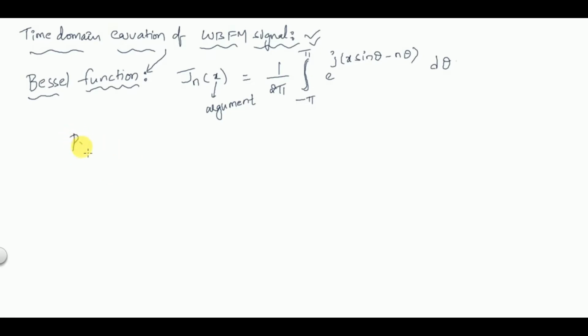Next are the properties of the Bessel function. Three important properties we have to remember. First, Jn of x value decreases as n value increases.